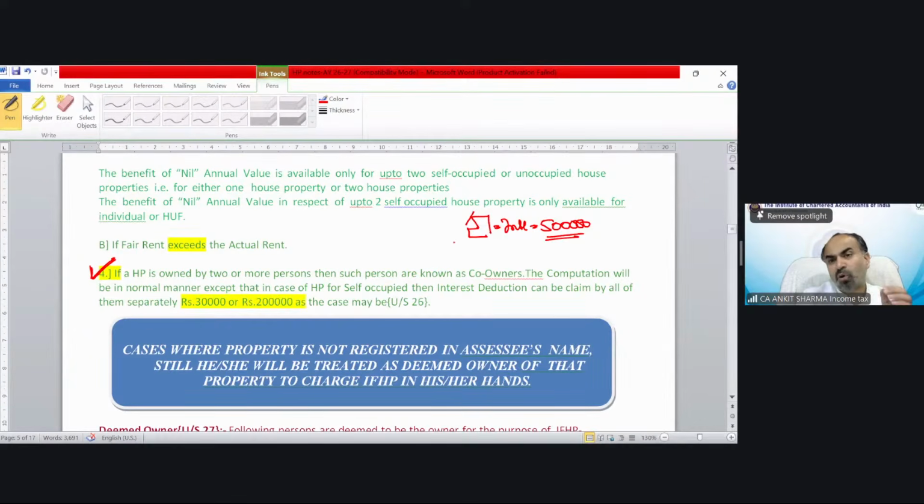If this property is in the name of Mr. A and it is self-occupied, he can claim the maximum interest benefit of rupees 2 lakh only. So if he wants to claim the benefit of more interest, there is an option that he will go for joint registry.